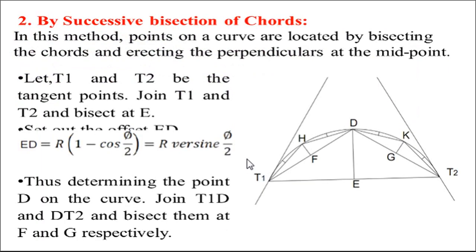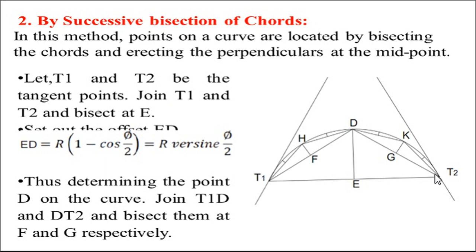The procedure for this method is like this. Points on the curve are located by bisecting the chords and erecting perpendiculars at the midpoint. In this figure, let T1 and T2 be the tangent points.